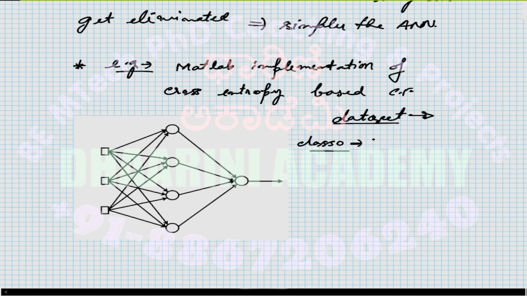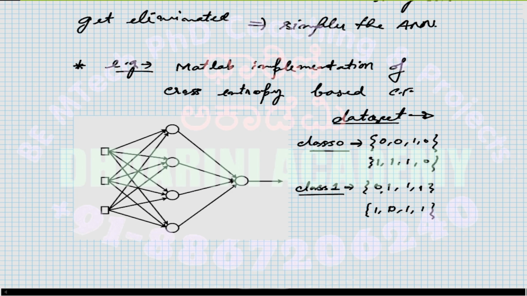Class 0 will have the following data sets: 0, 0, 1, 0, and the next one is 1, 1, 1, 0. These two data points correspond to class 0. Class 1 is 0, 1, 1, 1, and 1, 0, 1, 1. So this is the data.